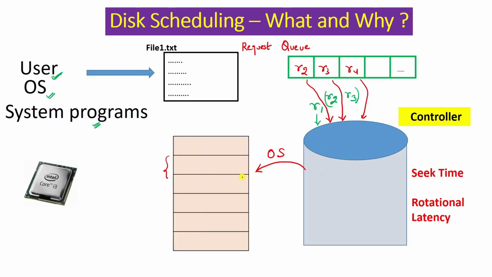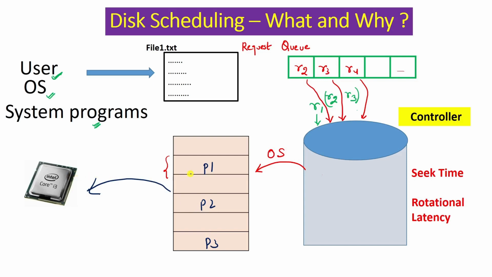Disk scheduling is somewhat similar to CPU scheduling. In CPU scheduling, what have we understood? We understood that let's say we have many processes which are present inside the main memory, and they are stored in the ready queue. We have to select the processes from this main memory so that they can later be put on the CPU for execution.